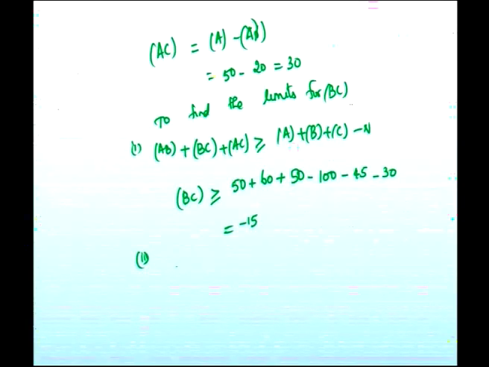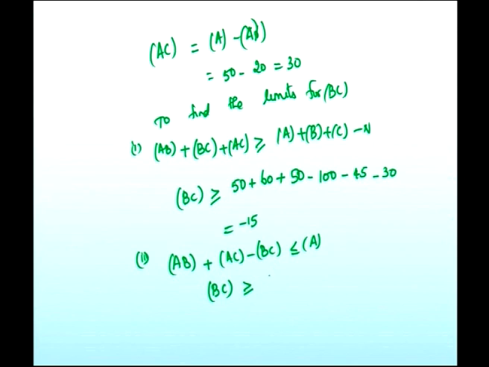For BC, we have, using the condition for consistency, AB plus AC minus BC is less than or equal to A. Therefore, taking that BC to the other side and bringing that A here, this can be reorganized as BC is greater than or equal to AB plus AC minus A. AB is 45 plus 30 minus 50, which is equal to 25.